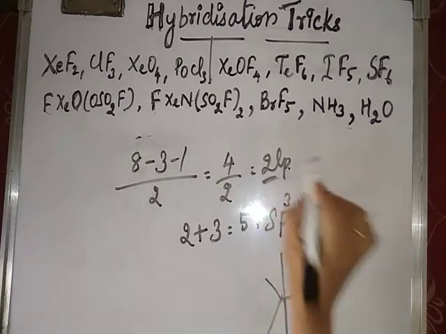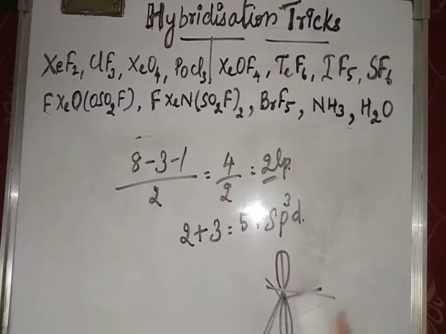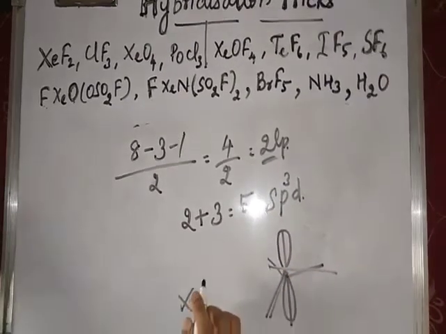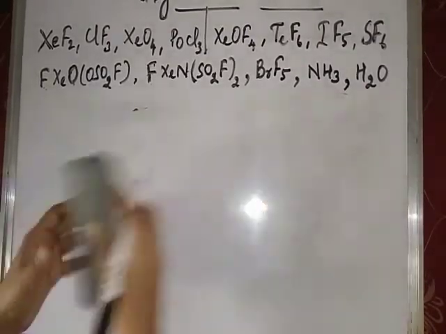In that, how many lone pairs are there? 2 lone pairs are there. If it is 2 lone pairs, what is the shape? This is a T shape. So xenon will be T shape.